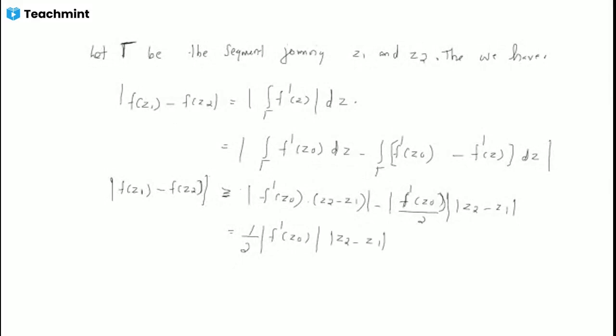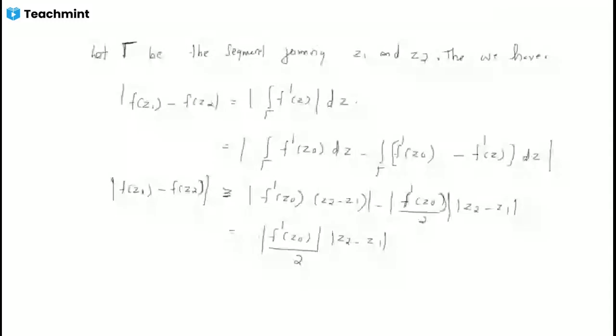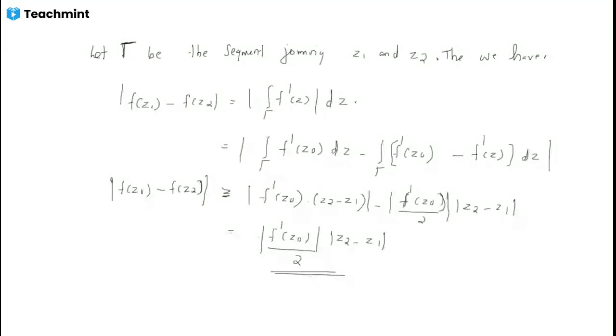Okay, this we can use here. The distance between the points z1 and z2 on the open disk, the distance between their images, is at least half the derivative times the distance between the two points. Okay, this is the result.